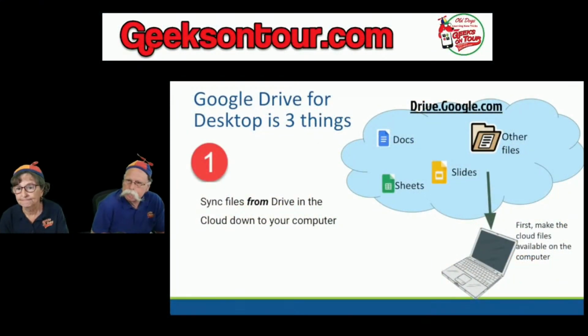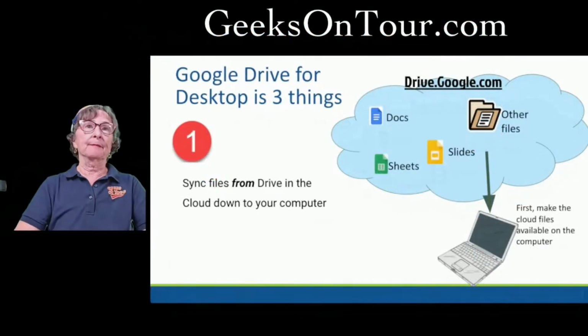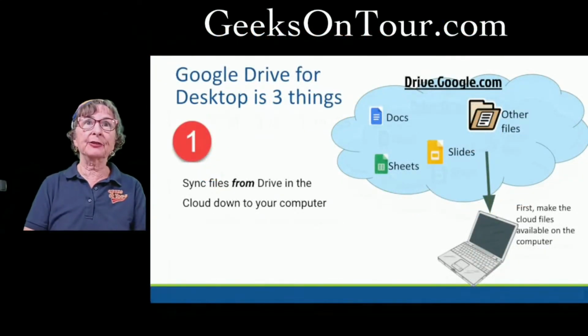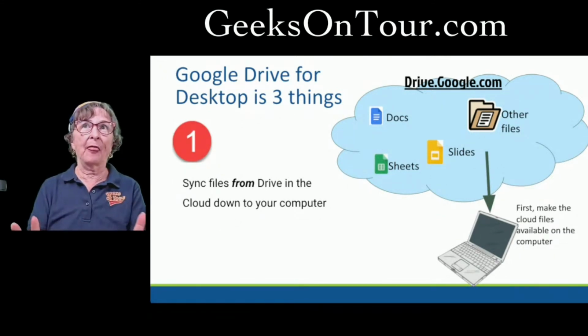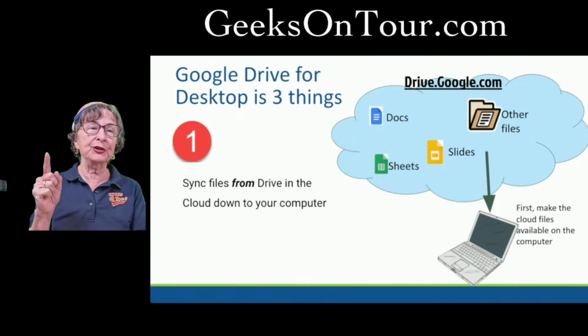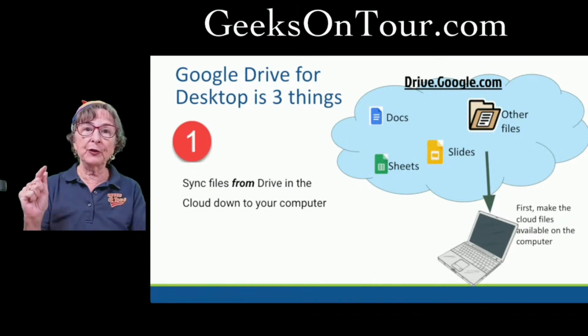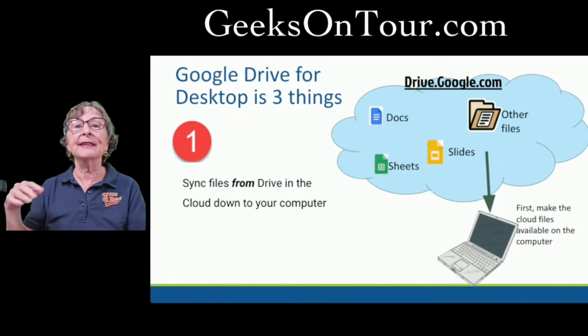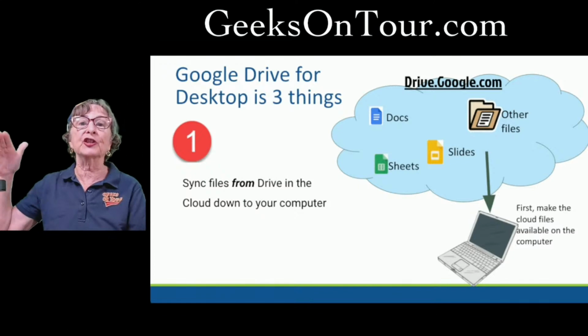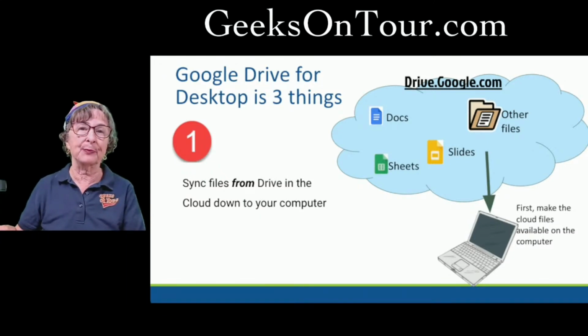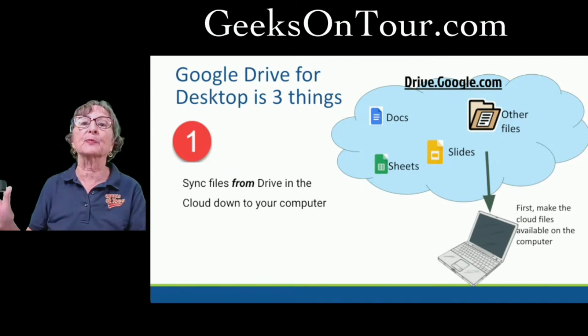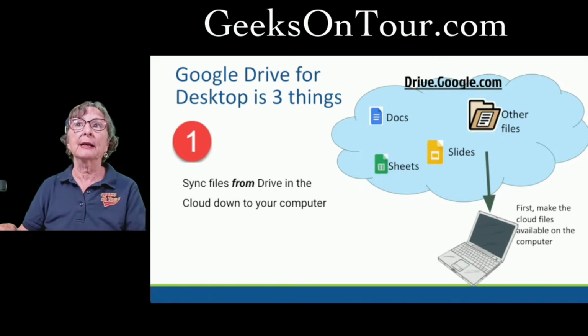Okay. Back to the three things, and we've just gotten rid of the one thing. The first is that anything in your cloud storage, if you want it on your computer, that's what I think is the main purpose of Google Drive for Desktop, bringing that down.